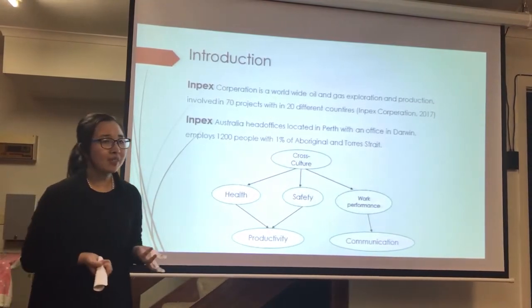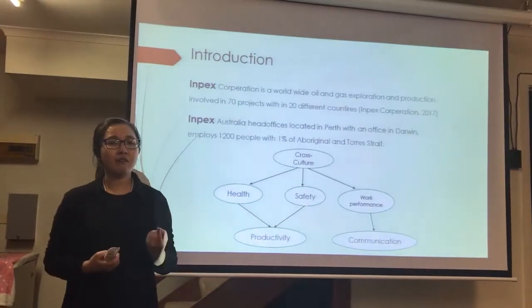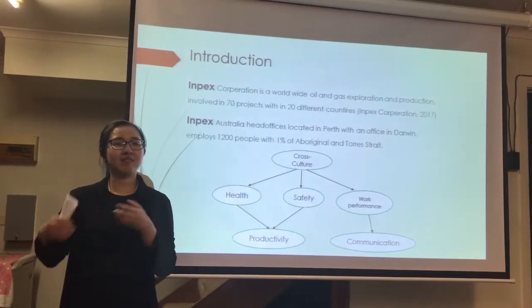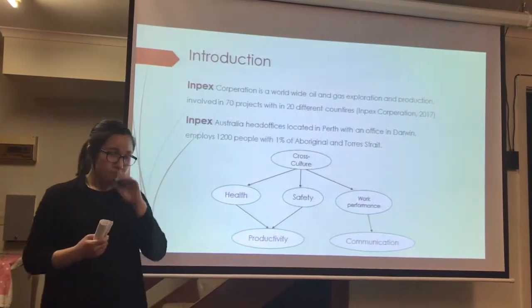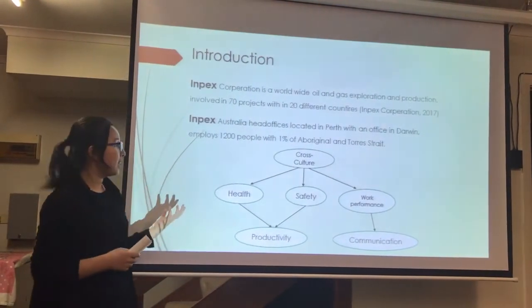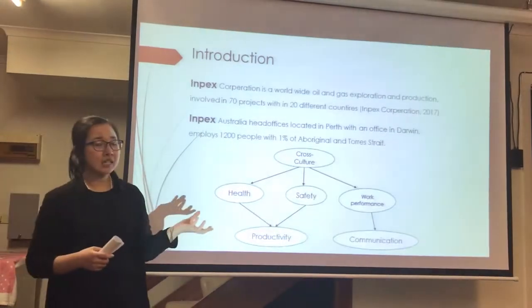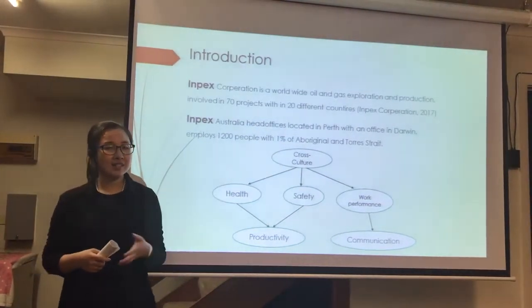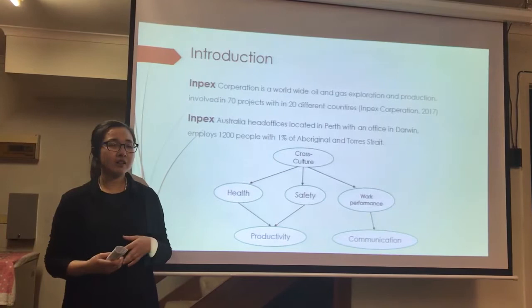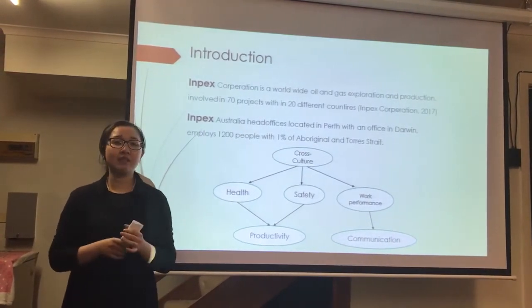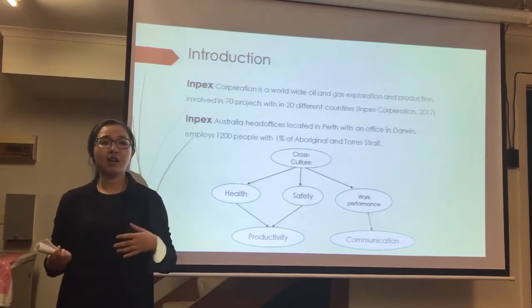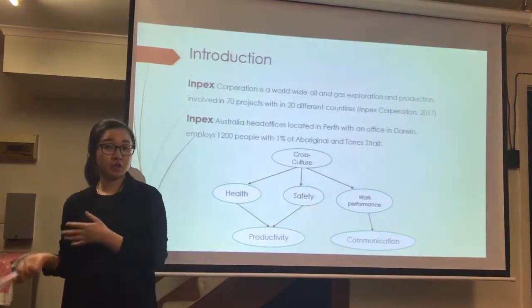As you know, in Darwin there are a lot of Aboriginal people. They are the traditional people living there. So in that case, the company also hires Aboriginal and Islander people to work, because Aboriginal people live in Darwin and know a lot of the locations and what to do there.